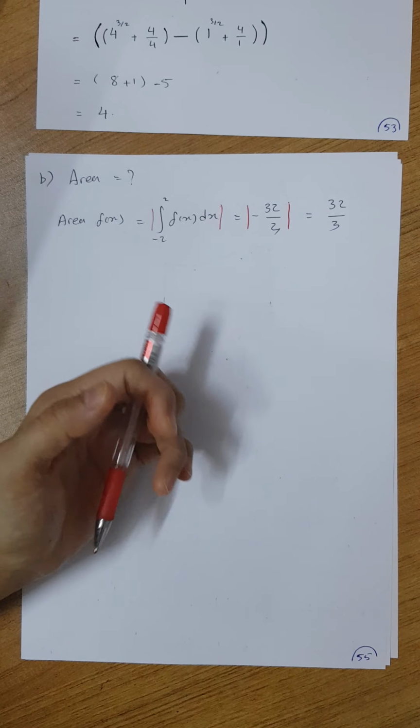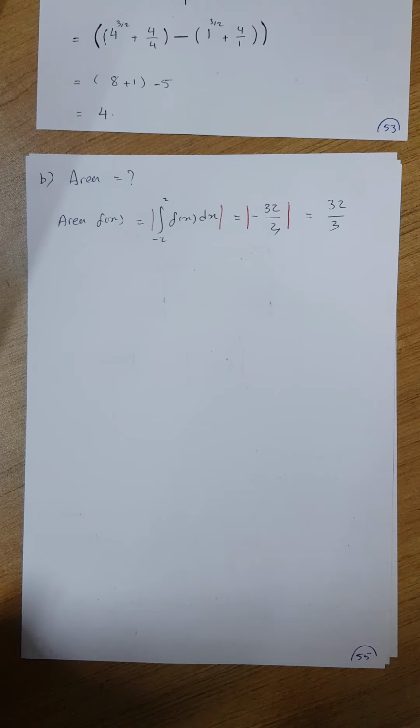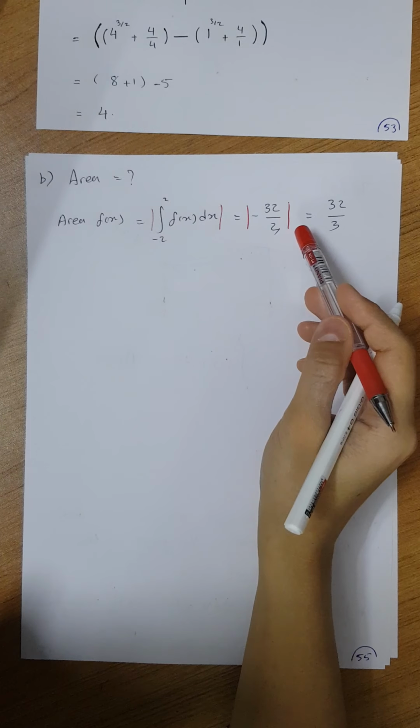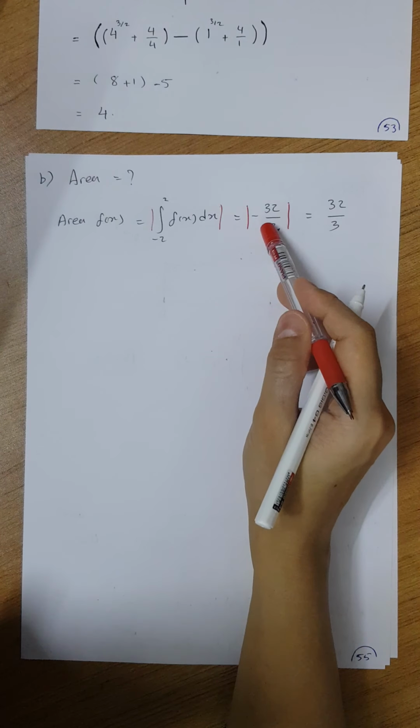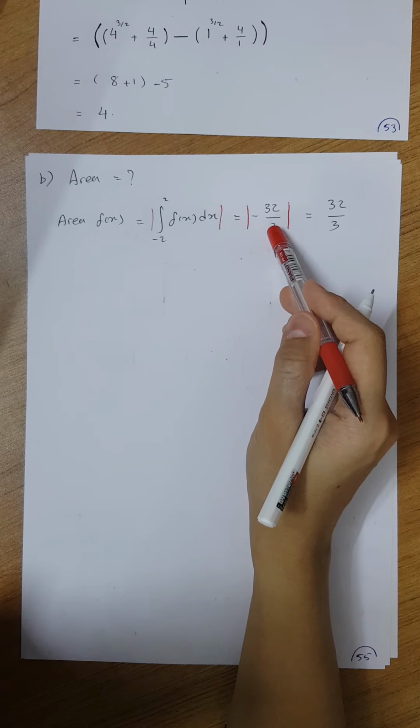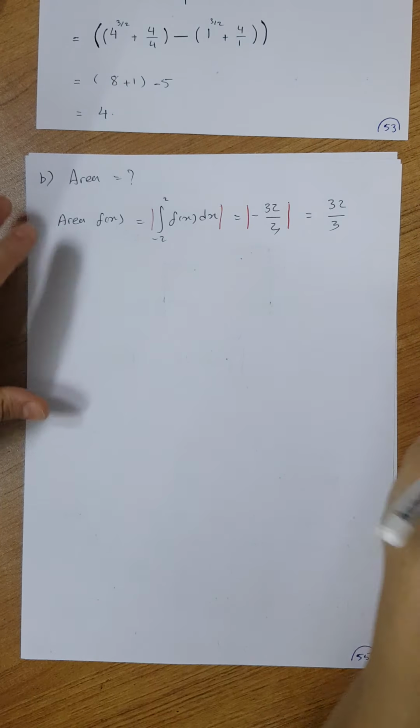If you have got an area and you get a negative sign, what does that mean? That means the graph of the function is below the x-axis.